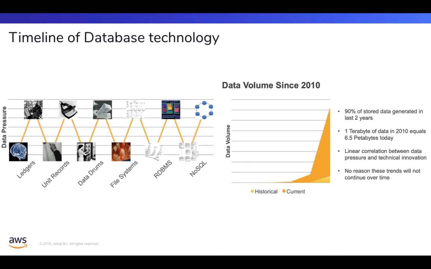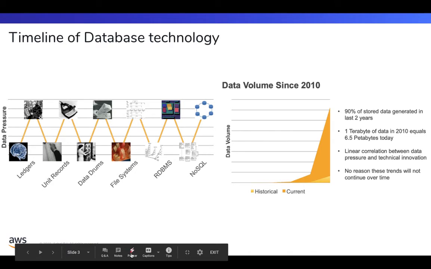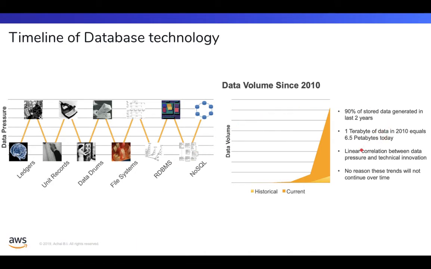This is just a comparison of how the data was in 2010 and how it is today. The systems which were producing 1 TB of data way back in 2010 are now producing almost 6 petabytes.